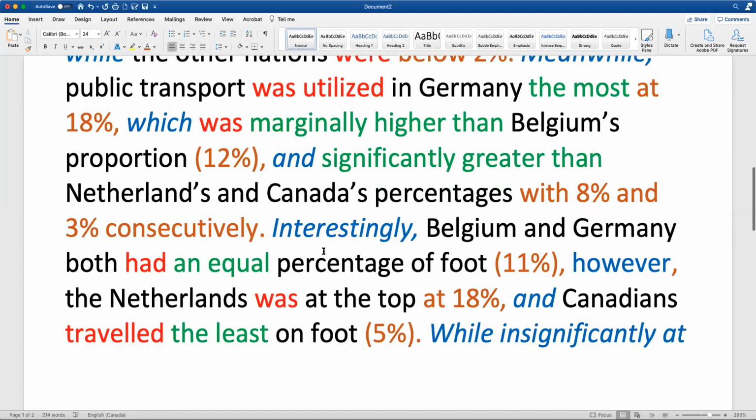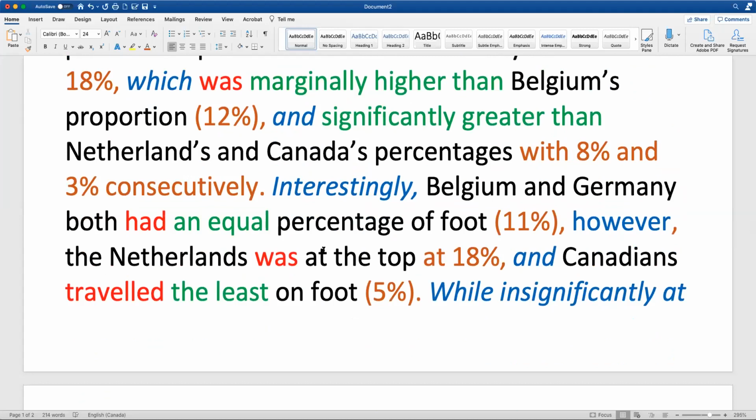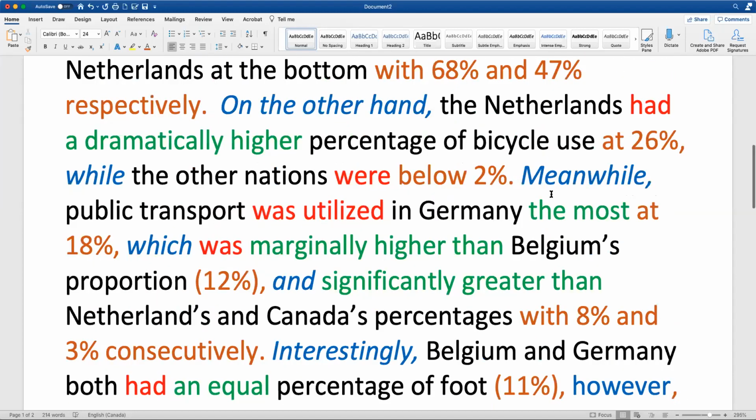You don't need to compare each one clearly. For example, you could say, meanwhile, public transport was the highest in Germany, while on foot was the highest in the Netherlands. Did you see what I did there?